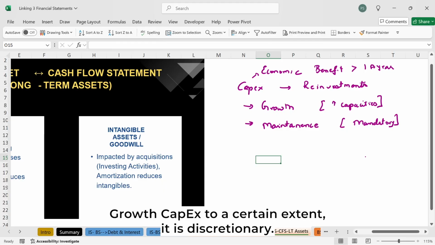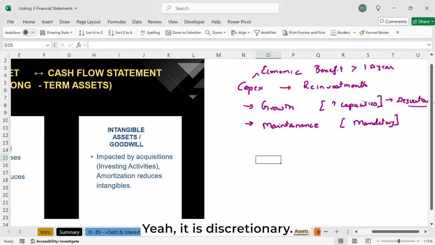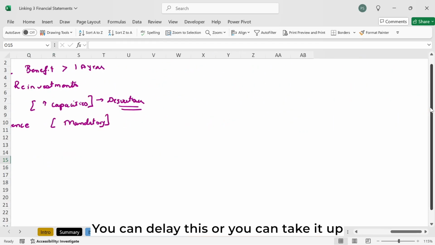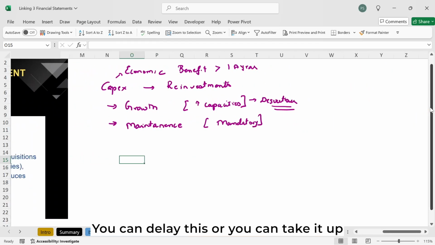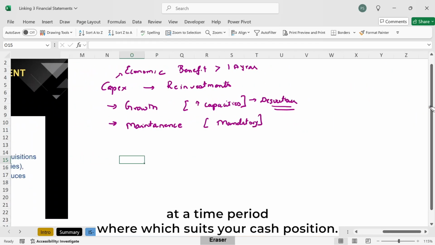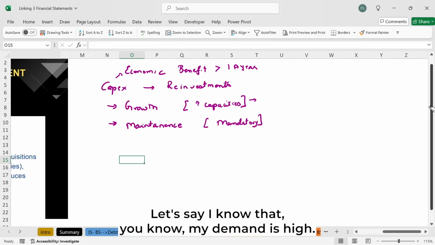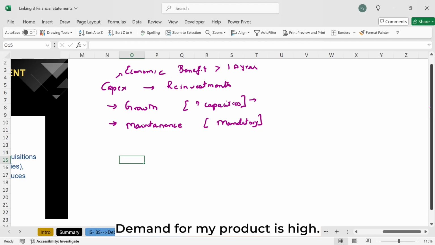Growth capex, to a certain extent, is discretionary. You can delay this or you can take it up at a time period which suits your cash position. Let's say I know that my demand for my product is high.